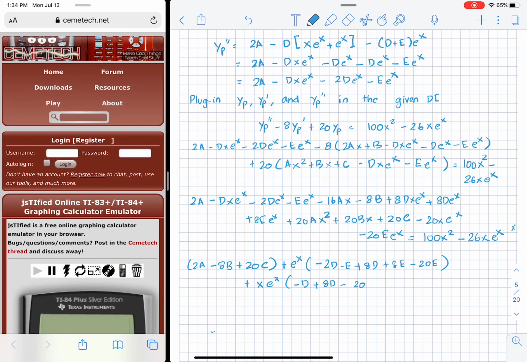Let me see, feels like I'm missing a term here. Forgot the d here. It's 20d. Got to be extremely careful when you do this, or else it's just trouble.